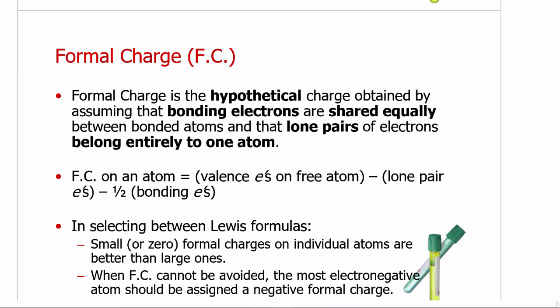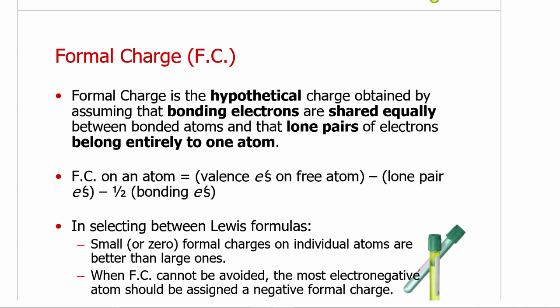First of all, the way that we calculate the formal charge, we calculate it according to this definition. It says that the bonding electrons are shared equally between the bonded atoms, and the lone pairs belong entirely to one atom. So what that means, if we want to calculate that formal charge, is we take the valence electrons that are present on a free atom of that element, we subtract from it the lone pair electrons, and then 1/2 of the bonding electrons.